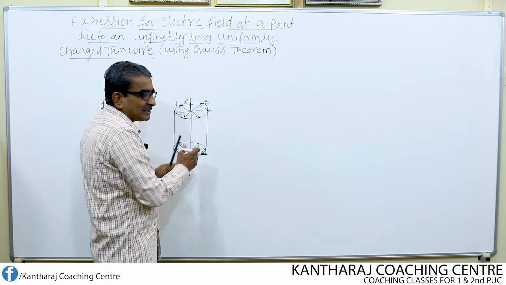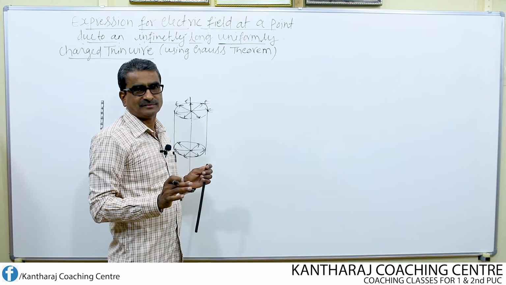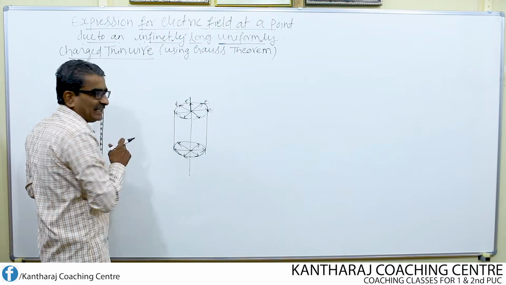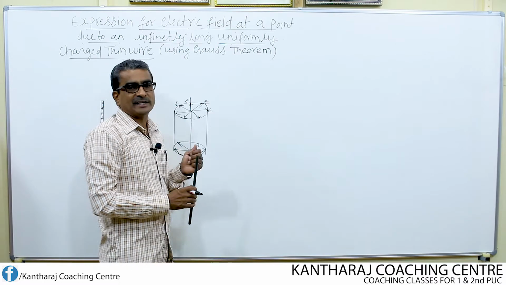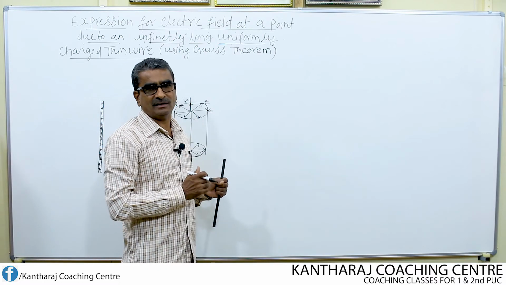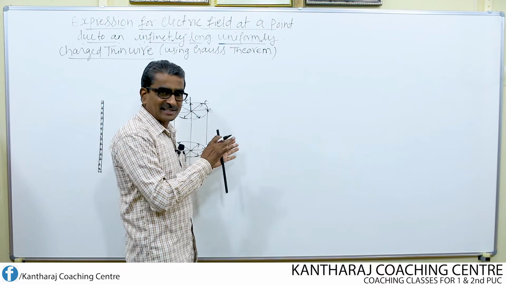So this gives us one idea to select the Gaussian surface. For this case, the Gaussian surface must be cylindrical. Why should it be cylindrical? Why not spherical? Let us understand that case also.